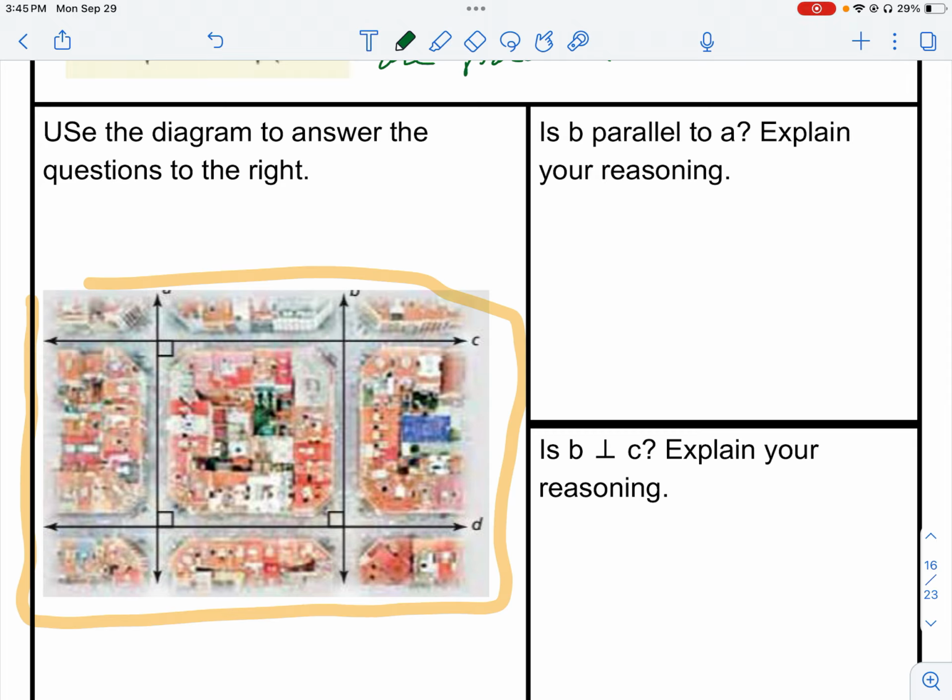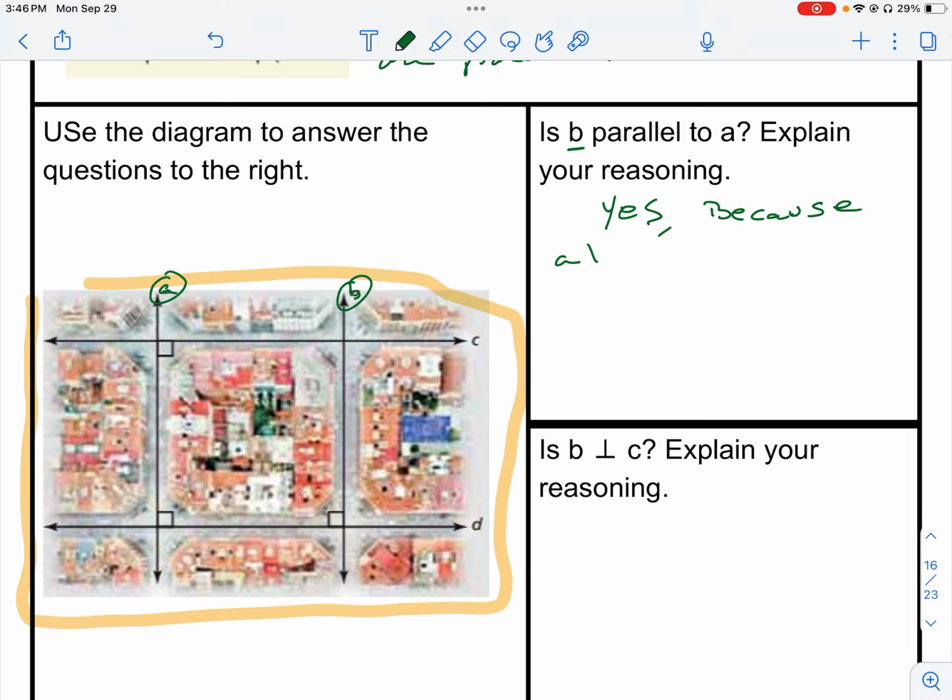All right, so is B right here parallel to A? Yes. Why?